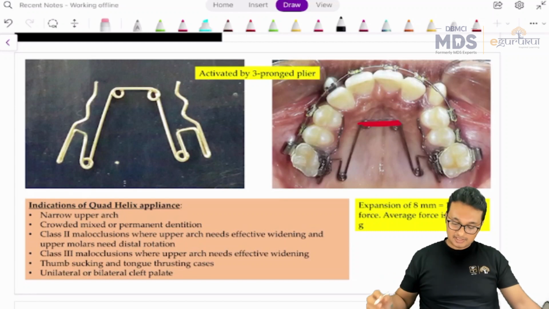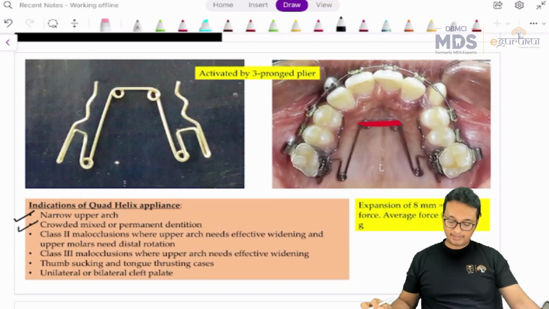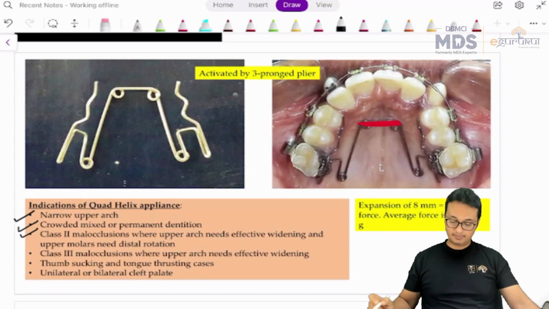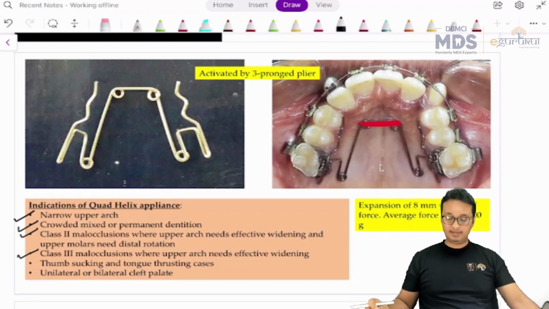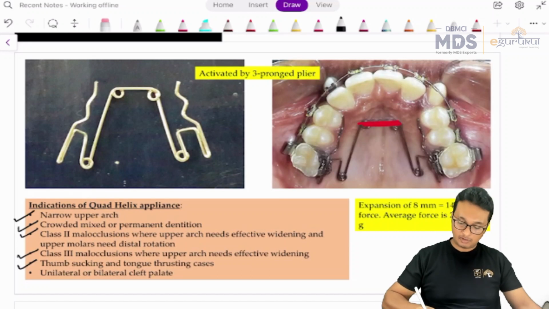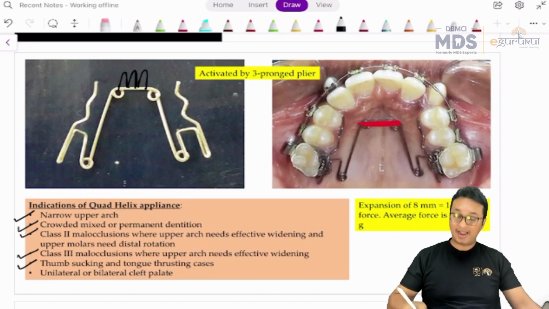So what are the indications of quad helix appliance? Indications are narrow upper arch, crowded, mixed or permanent dentition, class 1 malocclusions where upper arch needs effective widening and upper molars need distal rotation. Then in class 3 malocclusions where upper arch needs effective widening. In thumb sucking and tongue thrusting cases, we can incorporate certain palatal crib like appliance into the anterior component.